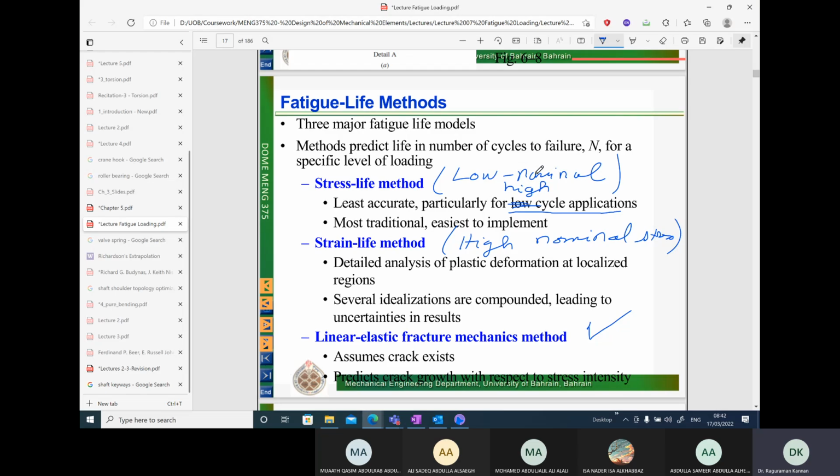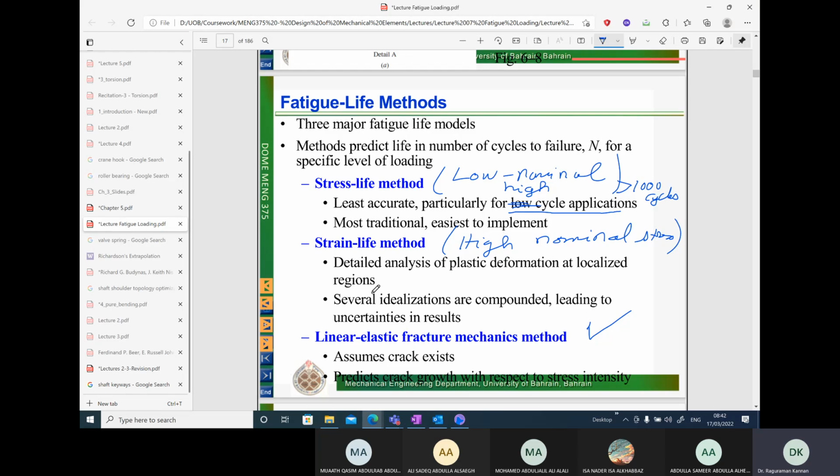Because of low stress, the life will be more, close to 1,000,000 cycles or slightly less, but definitely higher than 1,000 cycles. Anything higher than 1,000 cycles is called high cycles, and for that we use the stress life method. It is the most traditional and easy to implement.